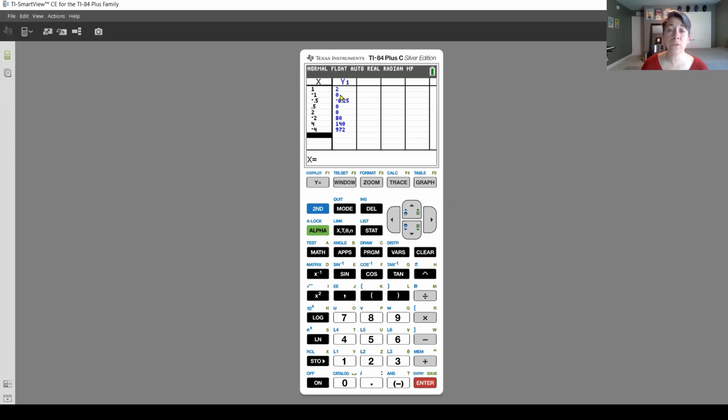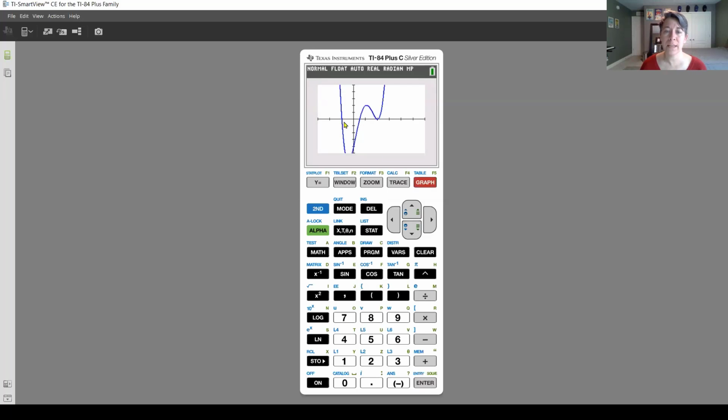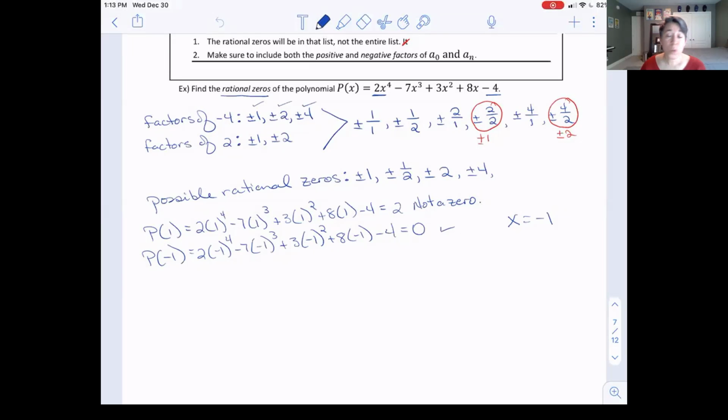No. So we only have 3 zeros at -1, 1/2, and 2. And our graph confirms that here at -1, 1/2, and 2. So remember that gave us P of a positive 1/2 equals 0 and P of 2 equals 0. So our rational zeros are -1, 1/2, and 2.